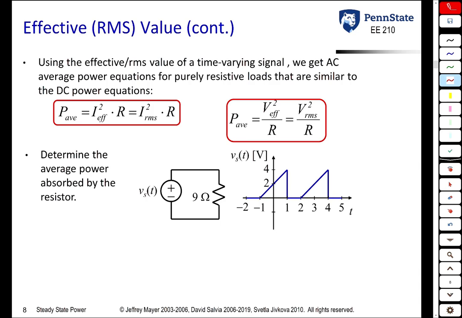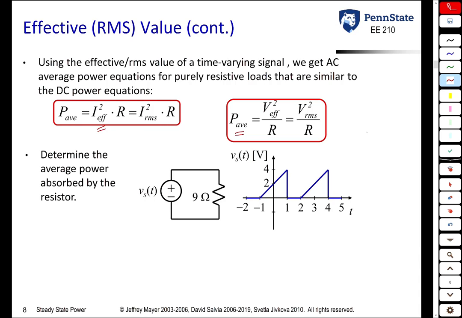Turns out that the average power absorbed is just the effective value squared over R, or the RMS value squared over R, or using currents, it's the effective current squared times R, or the RMS current squared times R. In other words, if you replace an AC source by its effective value, you can use the standard DC power equations.